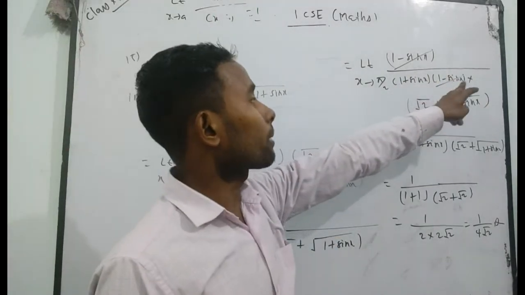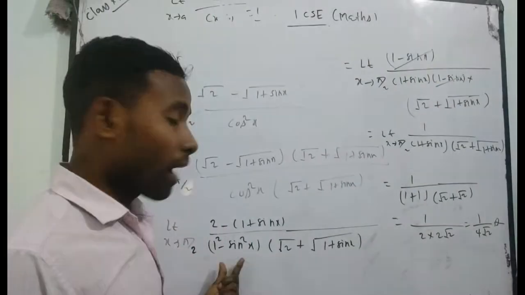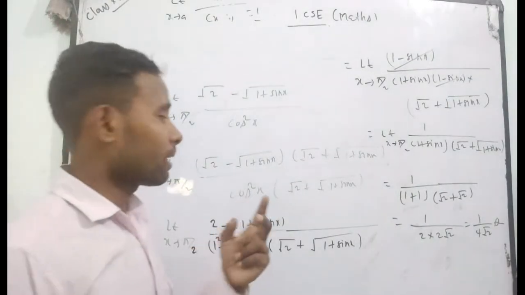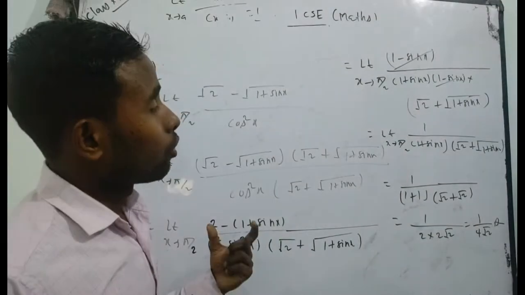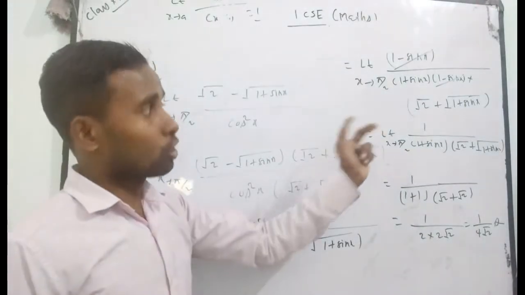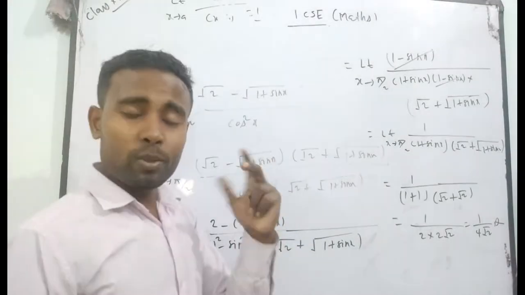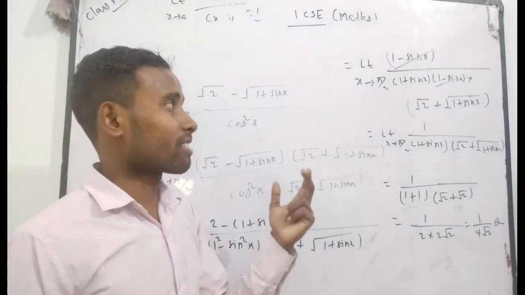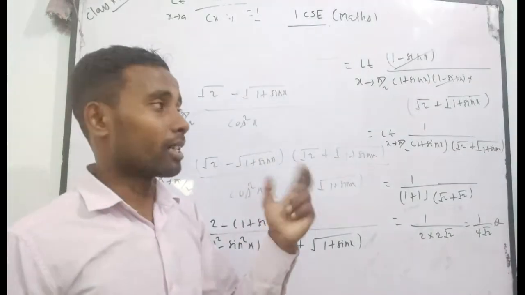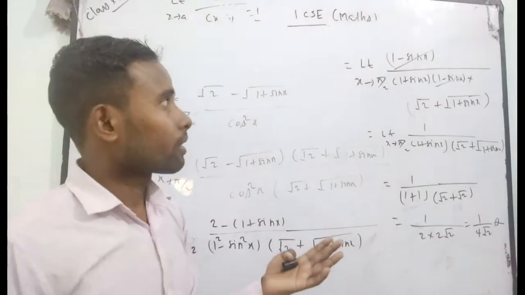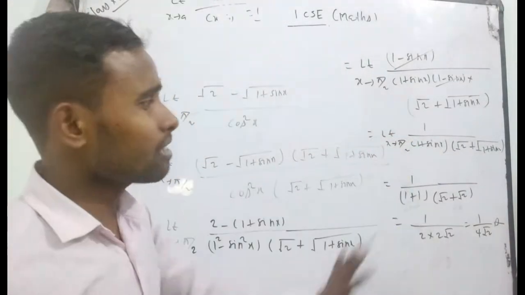Here you observe that cos square x can be written as 1 minus sin square x. Sometimes you have to use your intuitive idea of how to express the trigonometric or algebraic function such that numerator and denominator have some common factors and you can cancel each other. This is the simple way.